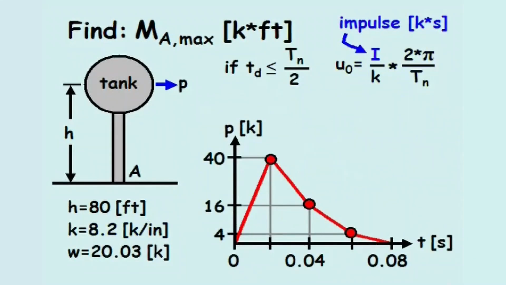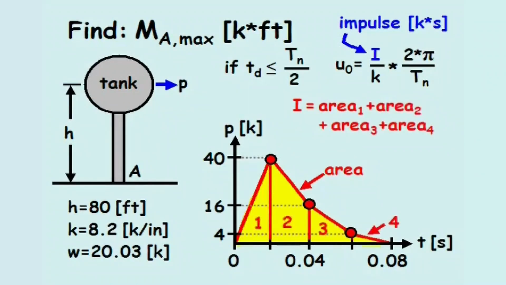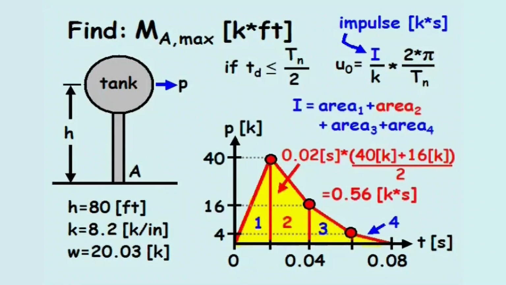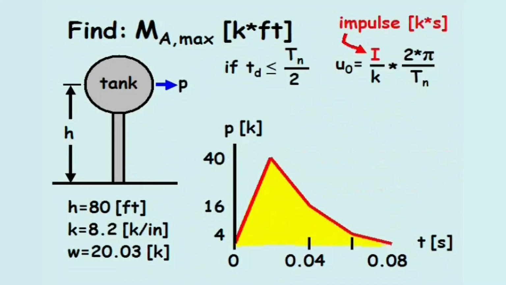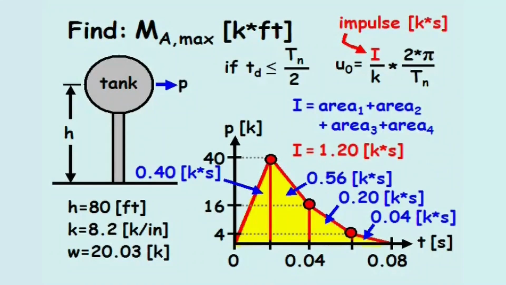We can compute this impulse by summing up the area under the loading curve, P times T, by computing the 4 separate areas in discrete time periods every 0.02 seconds. As an example, area 2 equals 0.56 kip seconds. After summing all four, the impulse, I, equals 1.20 kip-seconds.